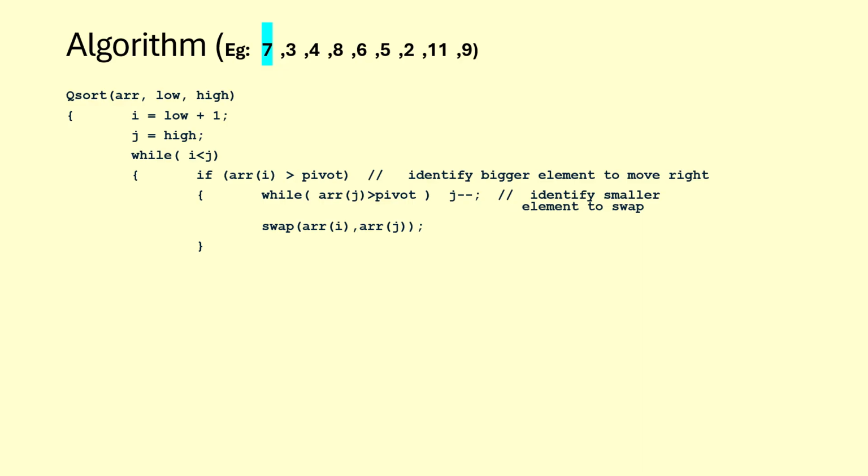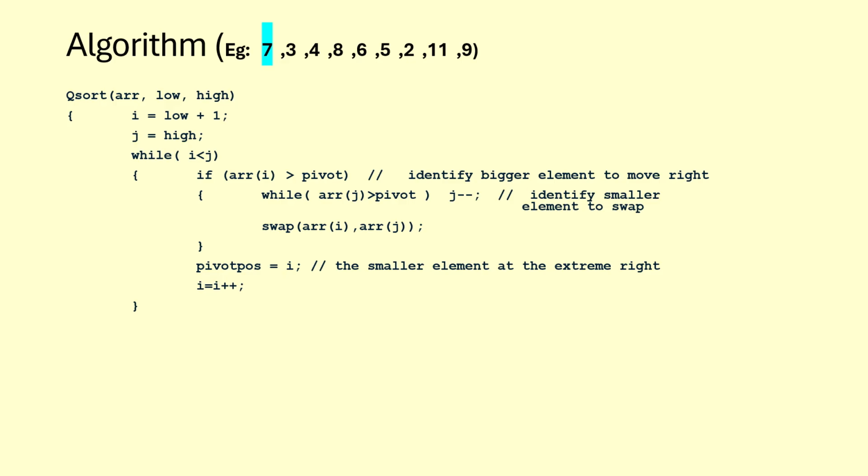Here in this statement, while array[j] greater than pivot, reduce j, what we are basically doing is skipping all the bigger elements till we find a smaller element. Once we find the smaller element, we swap the bigger element with the smaller element.